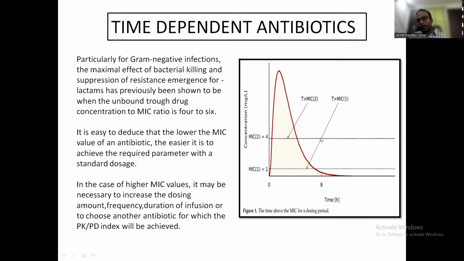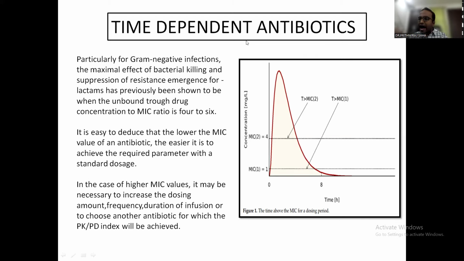If we take the whole portion as T, it will be around 30 to 40%, right? So if we need to have this much drug above MIC, we need to create a graph with a higher peak and a slower downward slope.